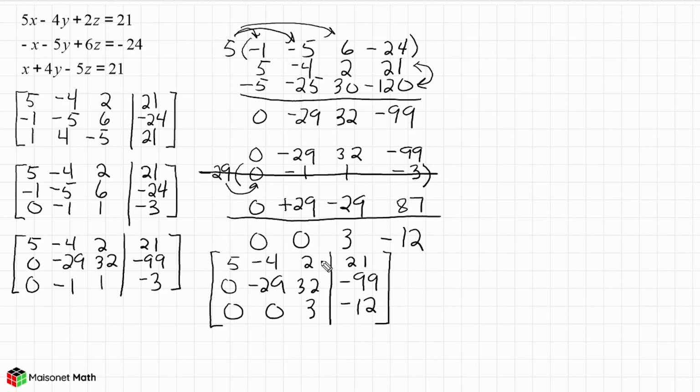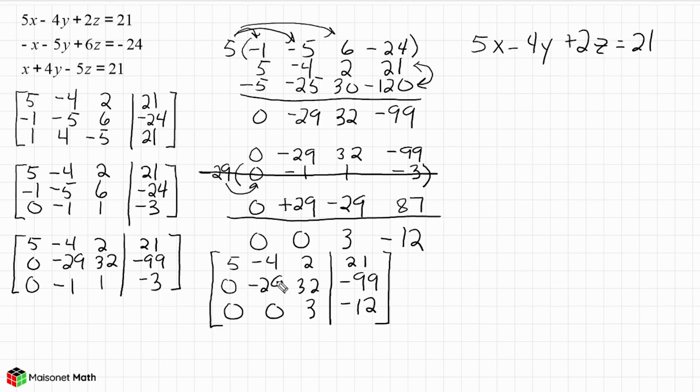All right, let's take our first set of numbers here and write that in the form of an equation. So 5 is the coefficient of x, -4 is the coefficient of y, 2 is the coefficient of z, and we set that equal to 21. So we're going to write 5x minus 4y plus 2z is equal to 21.